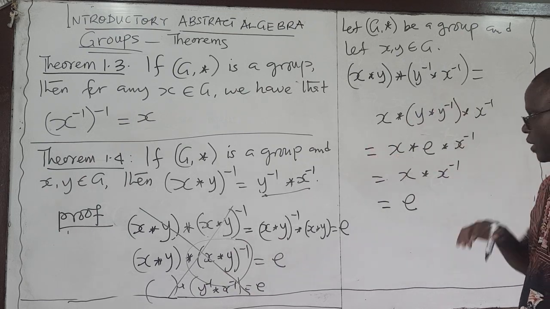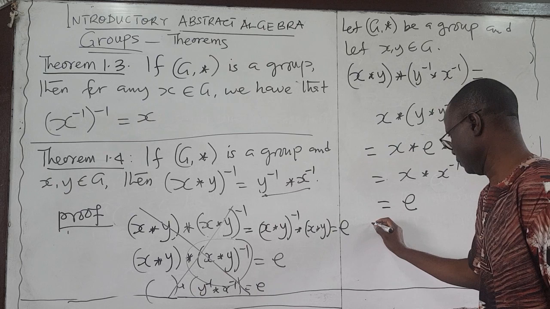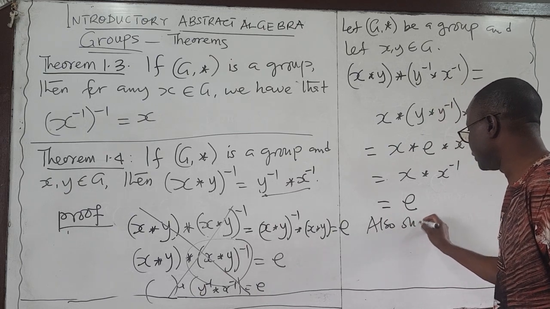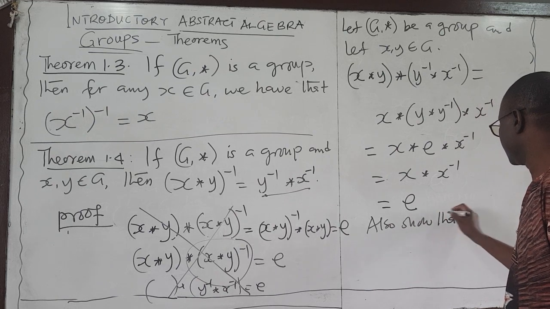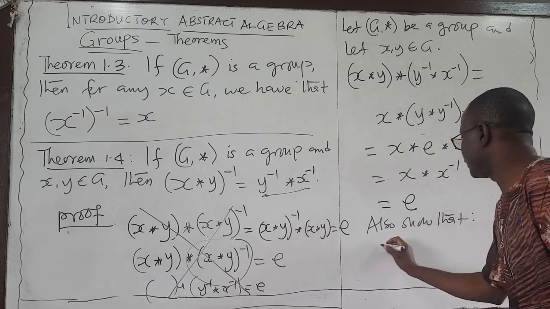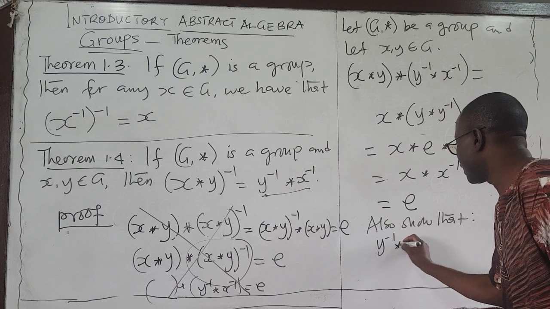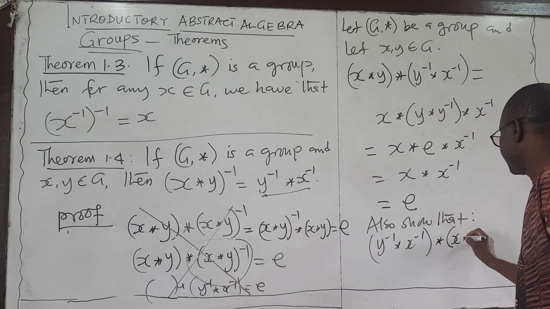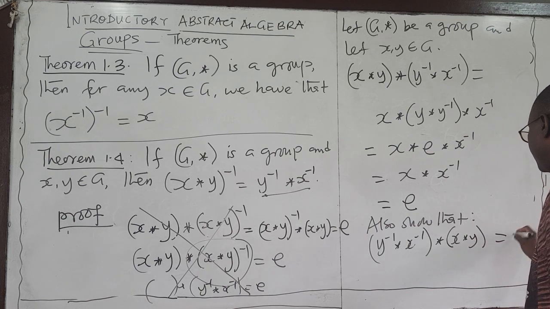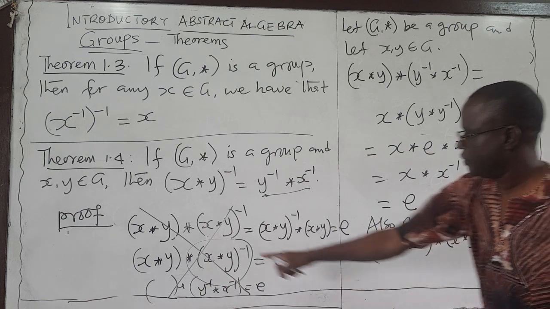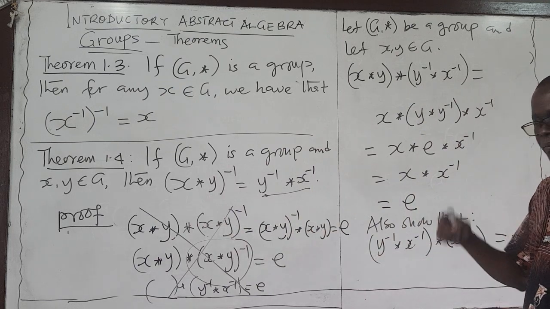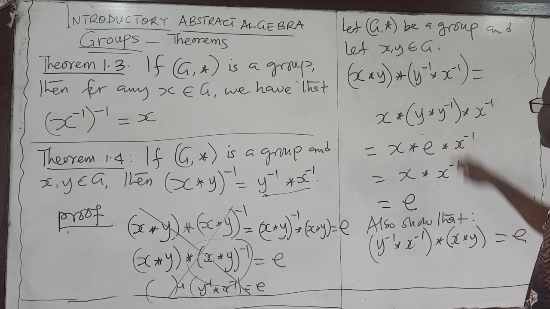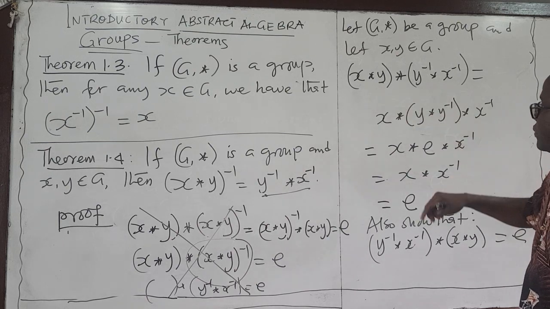You could do the other way around, right? You can also show, you can try it. Also show that if I reverse it, if I do y inverse star x inverse against x star y, I get E. Okay, see, 1 and 2, that's where I'm deriving that. So you can also show that this is E. If that is the case, then this guy here is the inverse of this, right?